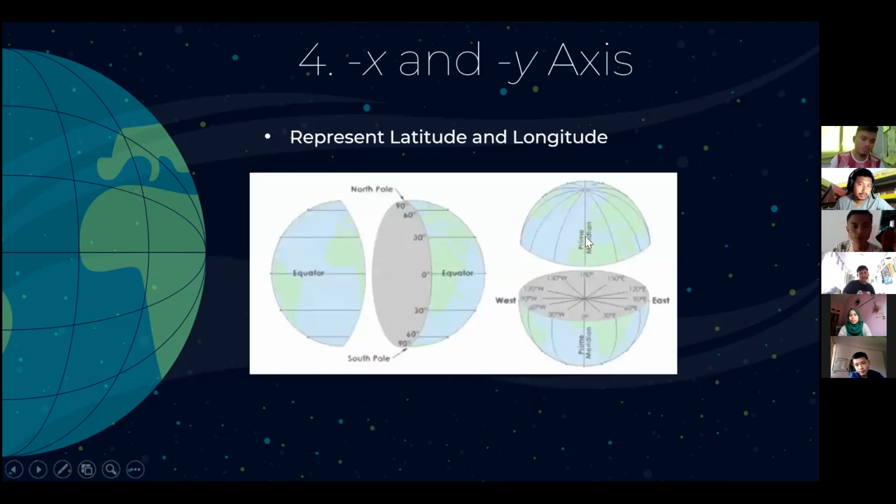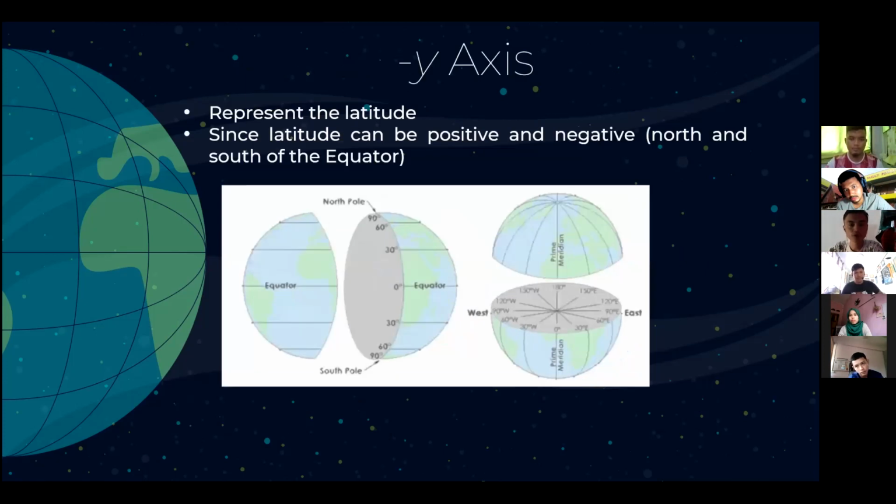Hi, I'm Canolius. Here I want to present about the X axis and Y axis, which represent latitude and longitude. Next slide. The Y axis represents the latitude, since latitude can be positive and negative, shown as north and south of the equator, as you can see in the picture above.